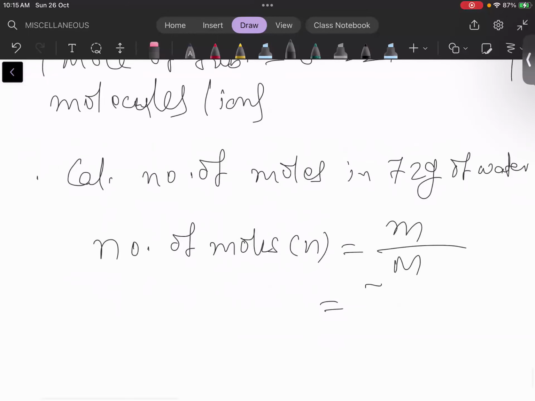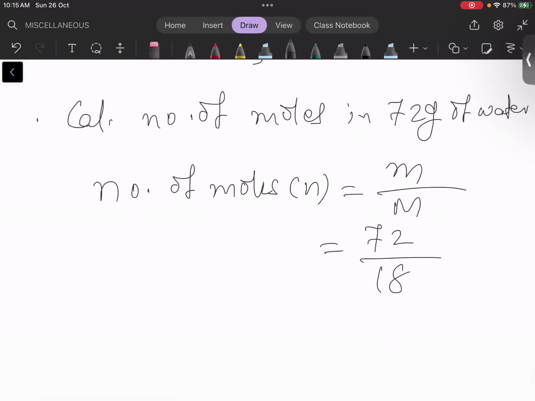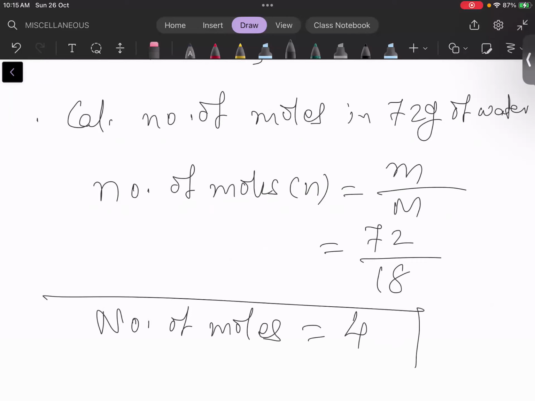How much mass they gave? 72. Molar mass of water? 18. Very good. So, 18 fours are 72. So, number of moles are how much? 4 moles. Is there any doubt? No, sir.